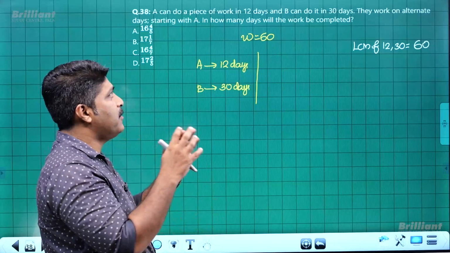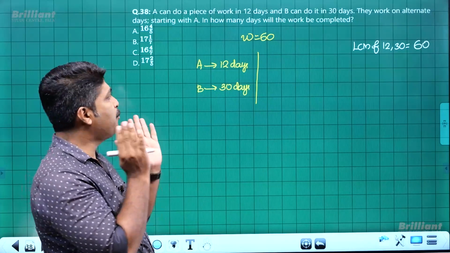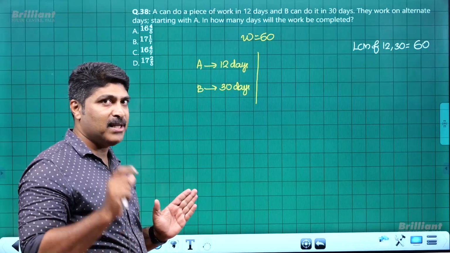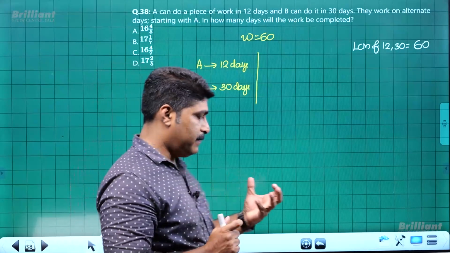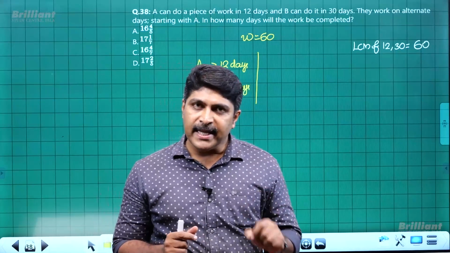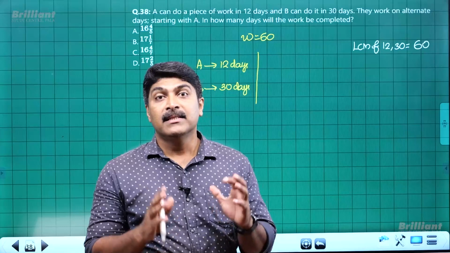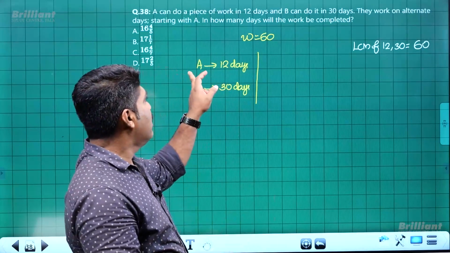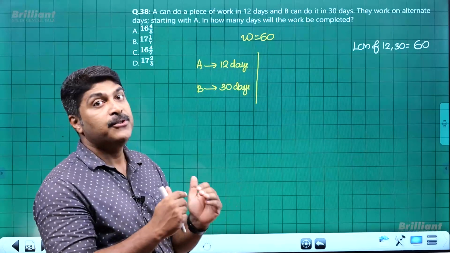What it means, you have to visualize it properly. We have two workers A and B, and we are assigning them the completion of 60 units of work. For getting clarity about that assumption, you are giving them a task to bind 60 notebooks. For binding 60 books, the labor A requires 12 days.